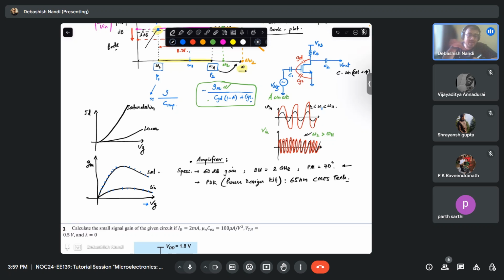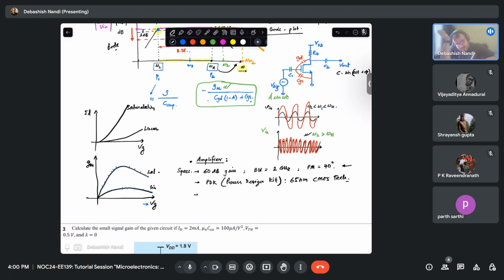It has all the parameters fixed except your W and L that the analog designer can choose, okay. So by changing and optimizing the W by L and the architecture of the amplifiers, you have studied multiple architectures, right? Cascade, cascode, then folded cascode. There are so many types of amplifier topologies, which gives you multiple benefits. Some gives you more stability, some gives you more signal swing at the output.